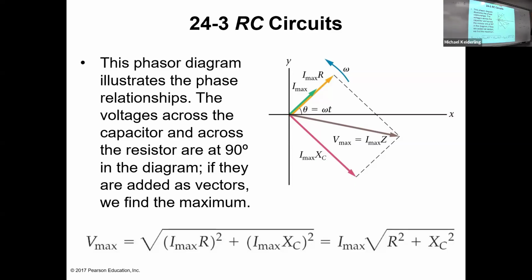So for an RC circuit, Z, the impedance, equals the square root of R squared plus XC squared.